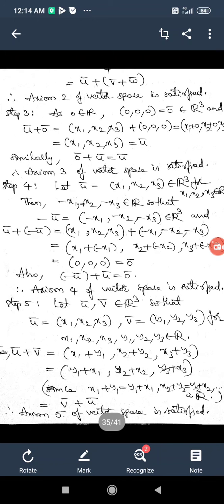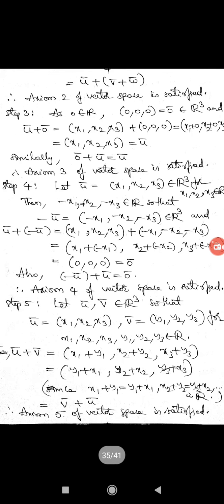We can see that for the number 0 belonging to capital R, that means for the real number 0, the ordered triad 0 0 0, which is denoted as 0 bar, belongs to R3, and that means an ordered triad with all the elements as zeros belongs to the set R3, and we are denoting that vector by 0 bar.